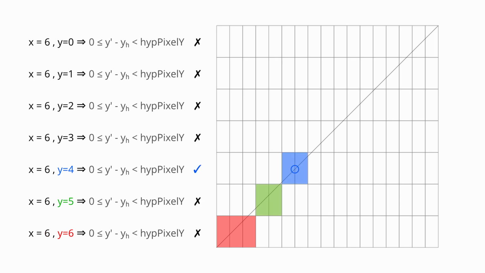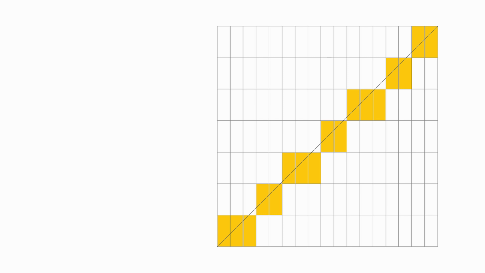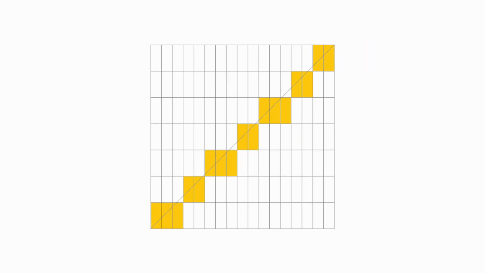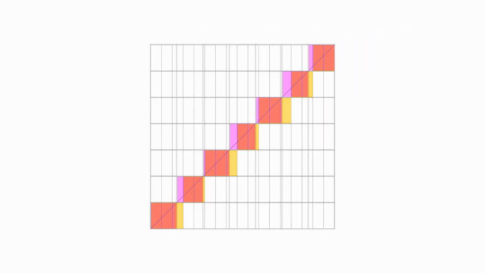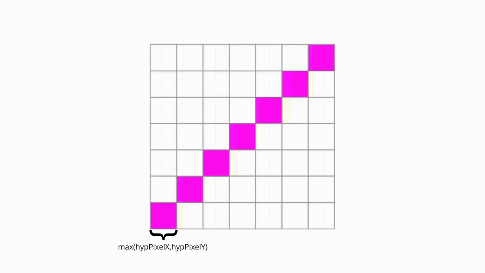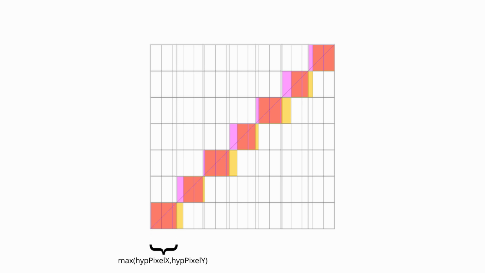If you filter all pixels using this method, the result looks like a square, with the smallest side of the original rectangle. In this case, it's a 7 by 7. I'll overlay it to explain the next part. We could say that by changing y prime one by one, the y coordinate changes every hypixel y element. But since it's a square, we can also change x prime one by one, and y will also change every hypixel y element.